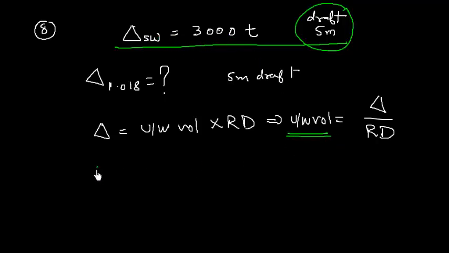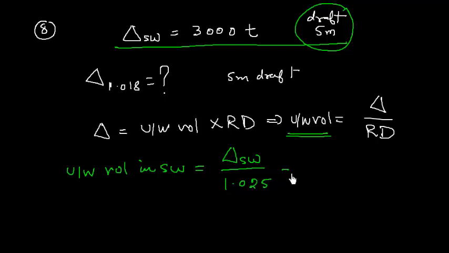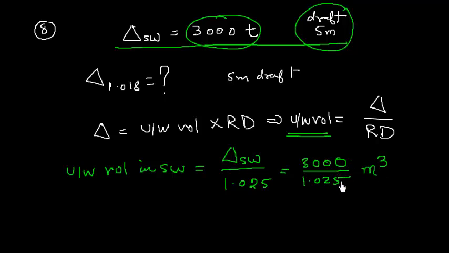So let us find the underwater volume in salt water, which is equal to displacement in salt water divided by salt water relative density, which is 1.025. The displacement in salt water is given, which is 3000 ton, so I keep it as 3000 ton divided by 1.025, and that I can write in cubic meter.